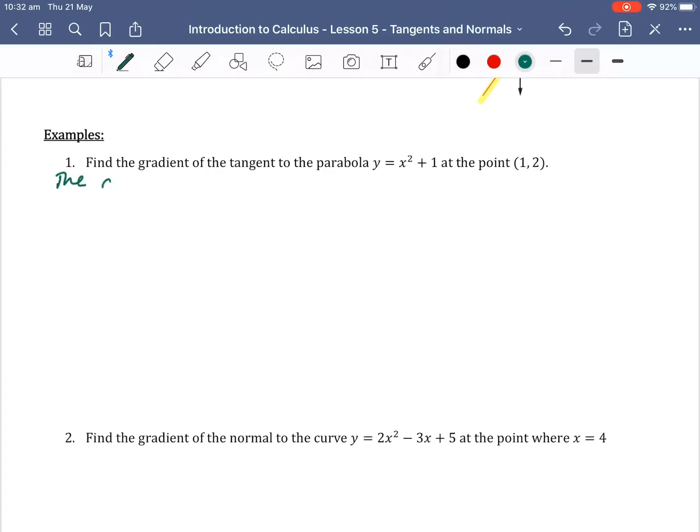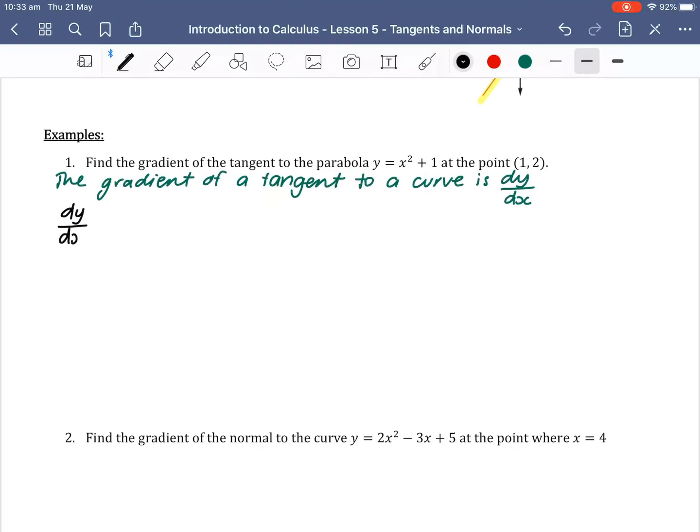The gradient of a tangent to a curve is our dy on dx. So it's when we differentiate. So we need to differentiate the equation that we've been given.